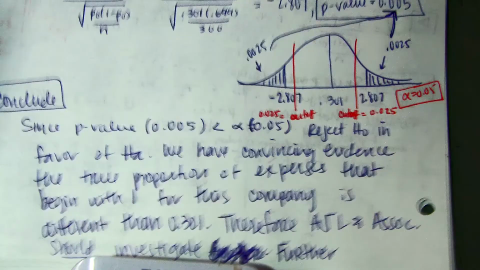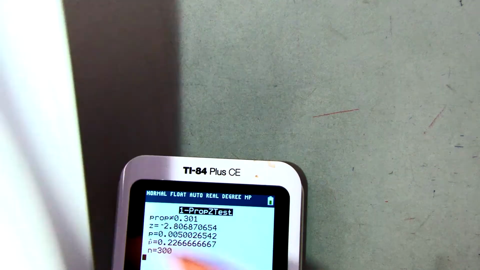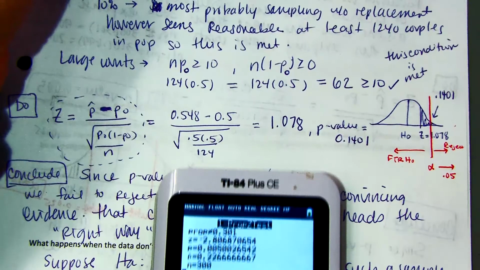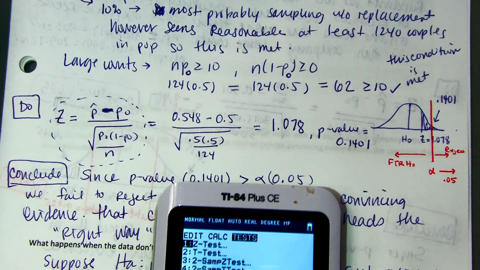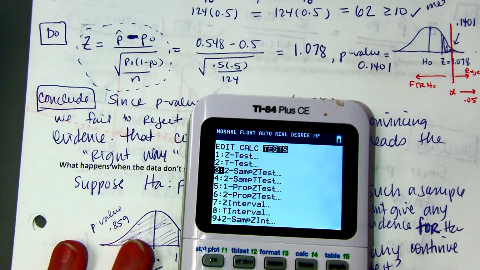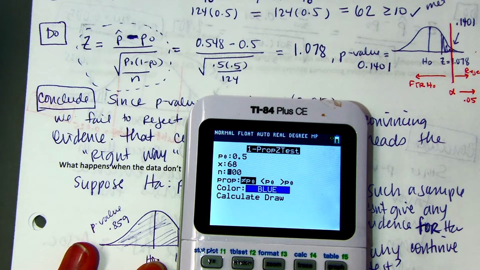The other thing I wanted to point out is we didn't do the test on the calculator for the previous problem. Just really quickly, if we go back to the kissing problem, we have a stat test. It's a 1-prop Z test. This one was 0.5 in the null hypothesis. We had 68 out of 124, and our alternative hypothesis was greater than.